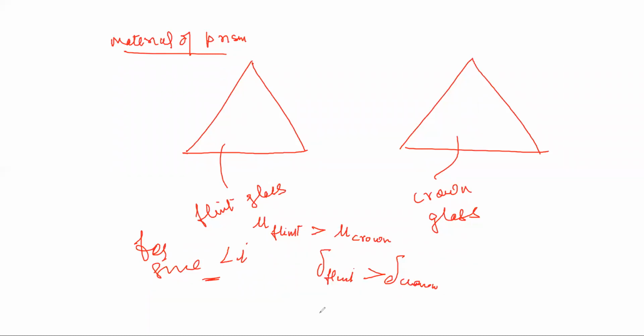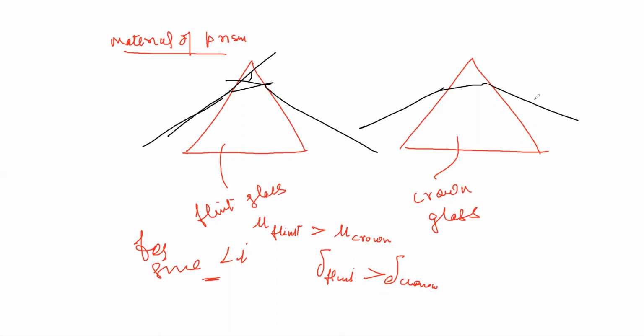If it has a higher refractive index, of course it will provide more deviation, so light will deviate more, and the deviation for flint will be more while the deviation for crown glass will be less. There will be a difference in these values.